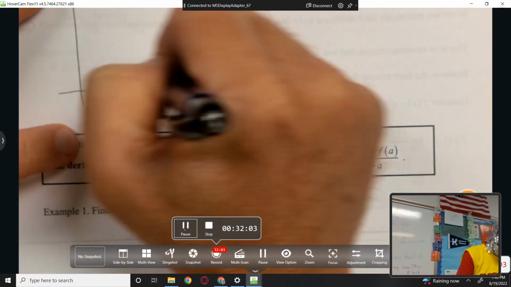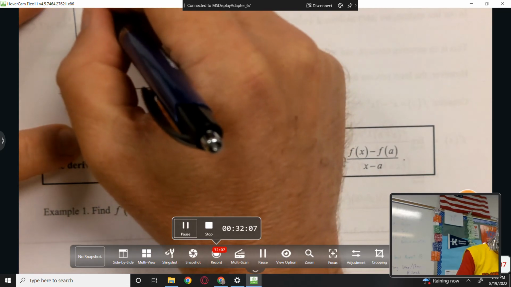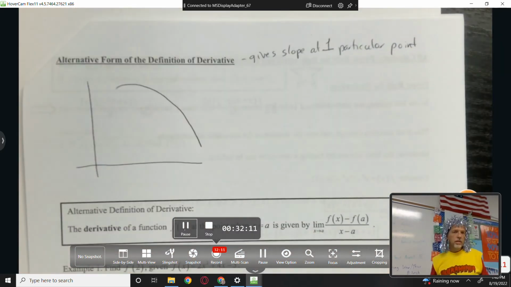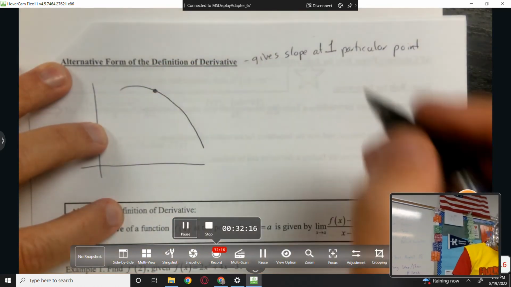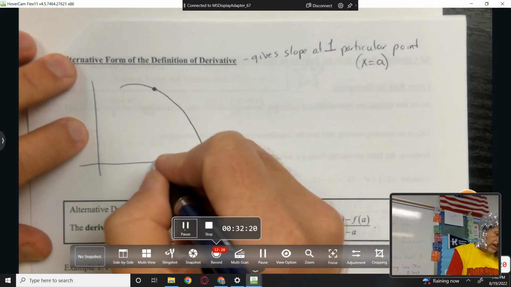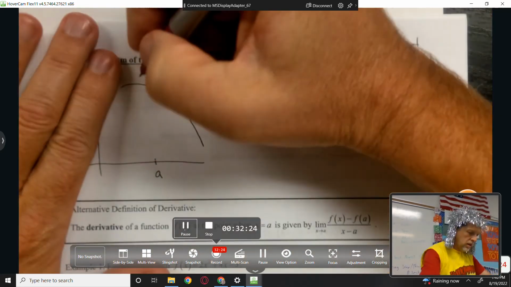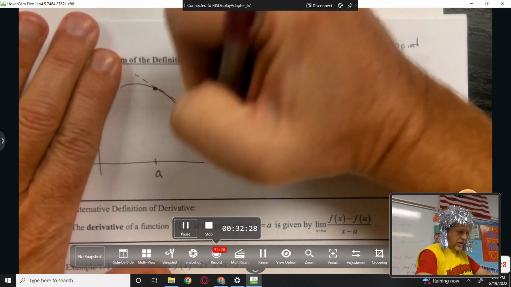All right, another picture. You know what? Let's do a negative slope here. And let's say we want to find the slope at A. So again, we'd really like to find the slope of that tangent line.